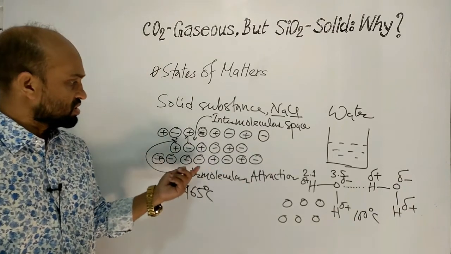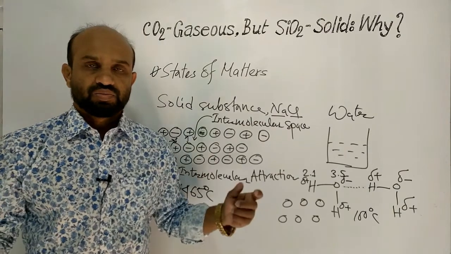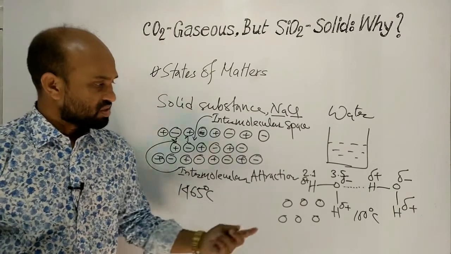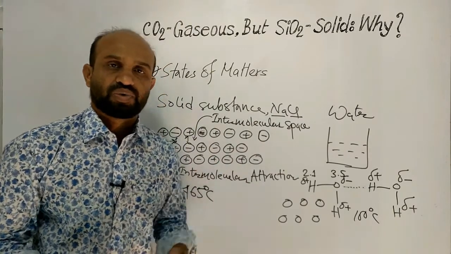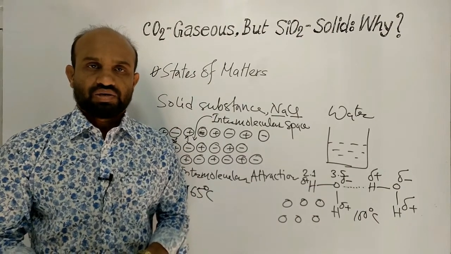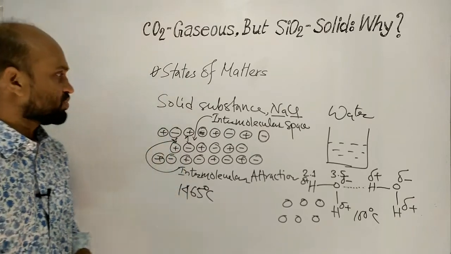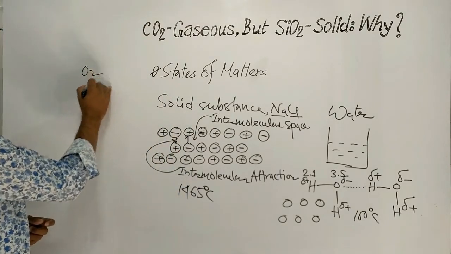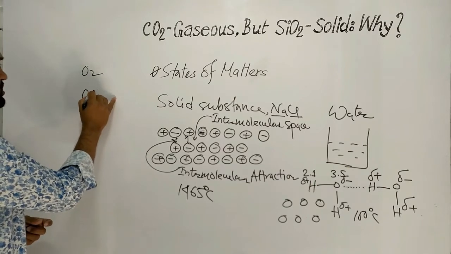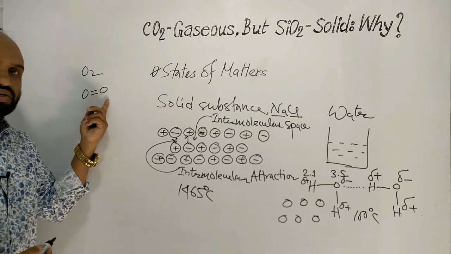That means in a solid substance particles remain very close to each other, but in a liquid substance particles remain apart from each other. Now let's see the structure of a gaseous substance. Suppose oxygen, the structural formula of oxygen is this, with the same electronegativity.